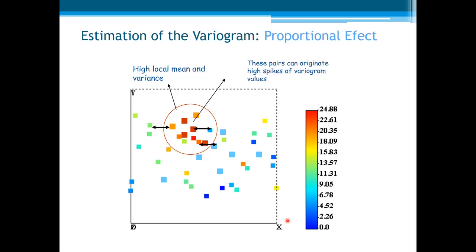A final note about what we call the proportional effect, where locally we can observe high local means and variance. In the transition zones, these pairs of points can originate high spikes of variogram values for short distances. This can jeopardize the experimental variogram estimators.